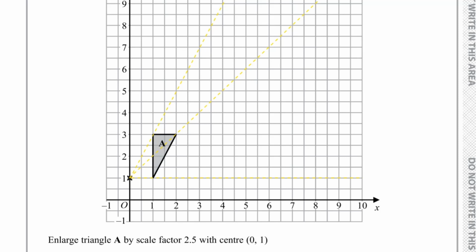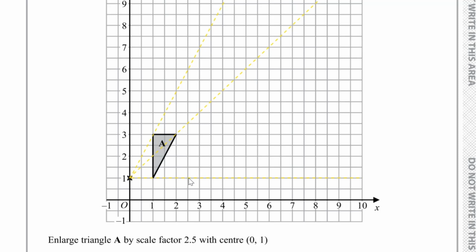So if we end up drawing the shape, see this point is 1 across and 3 up. So our new shape should be 2.5 across, so 2.5 over here, and 6 up.